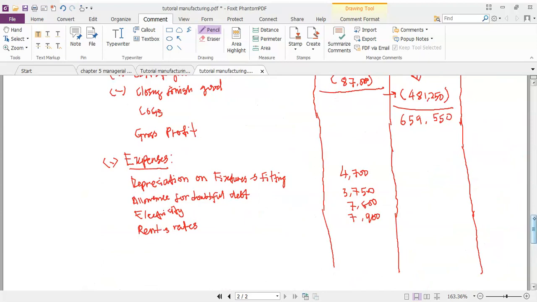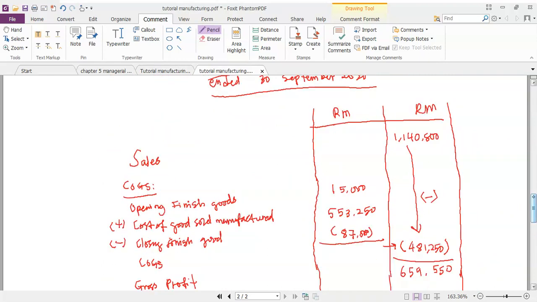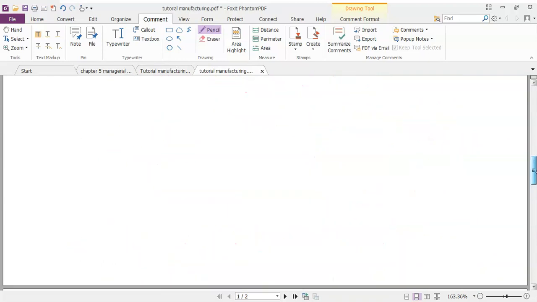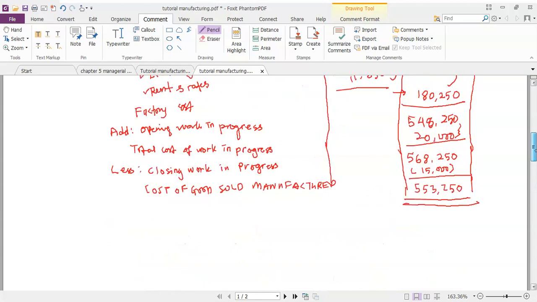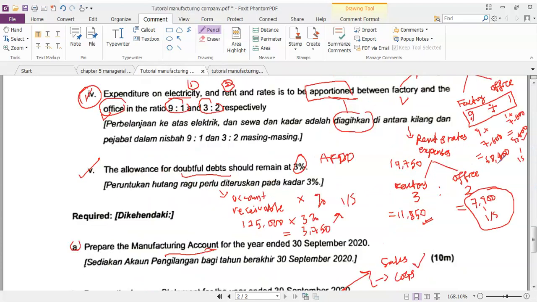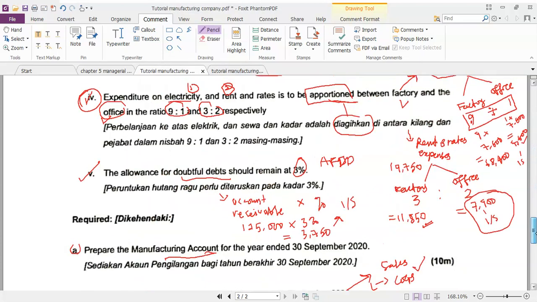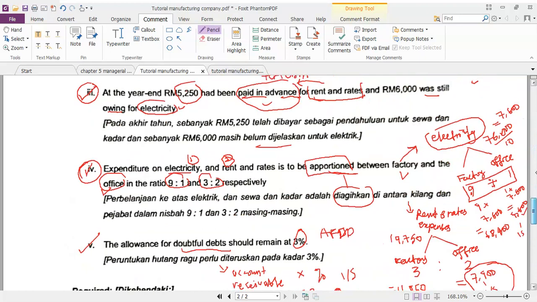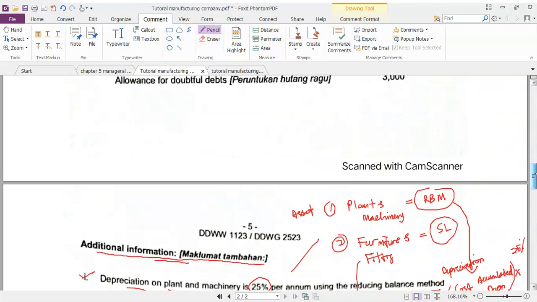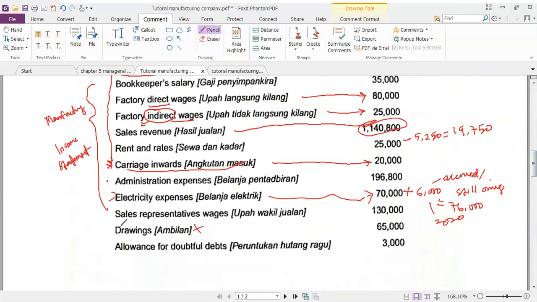Okay. So let's look at the list again. Which one is expenses? You should put inside the income statement. The drawing is for current balance sheet. No need to add on. Okay.